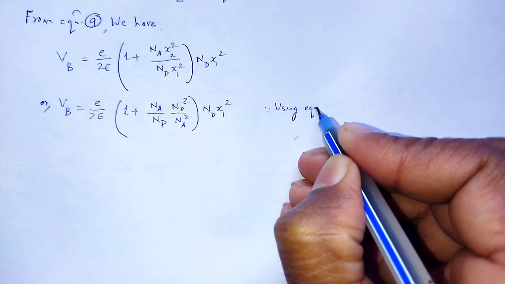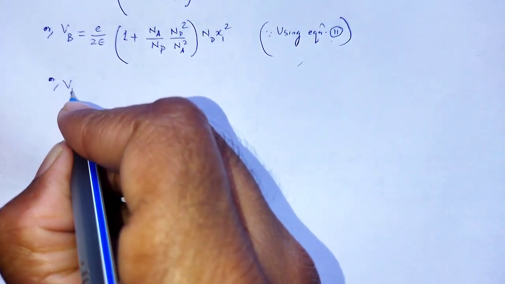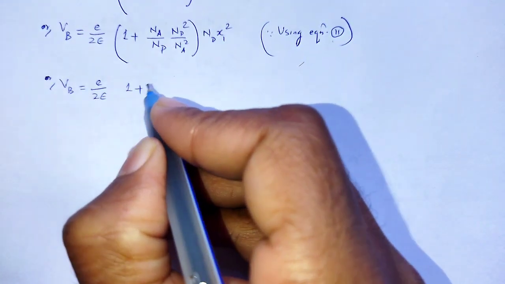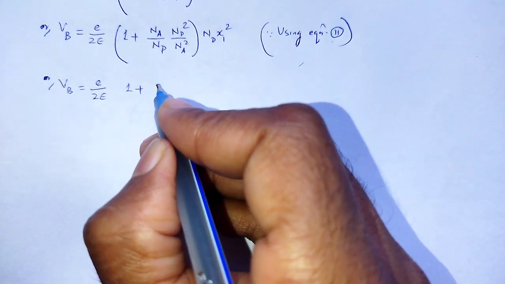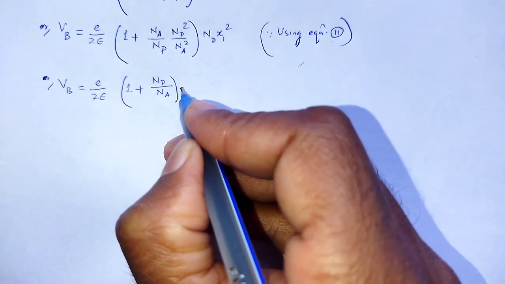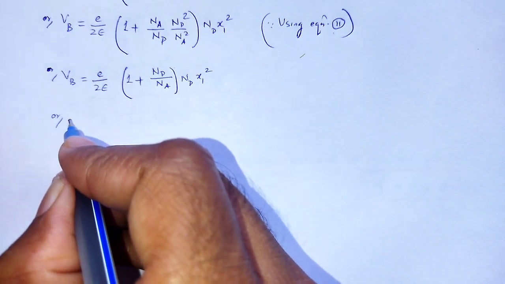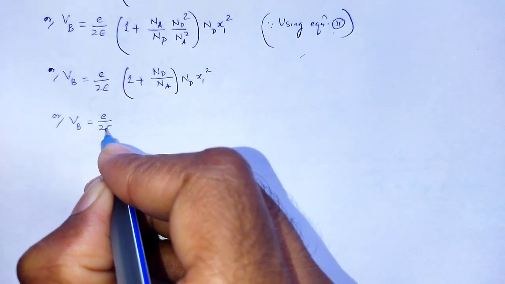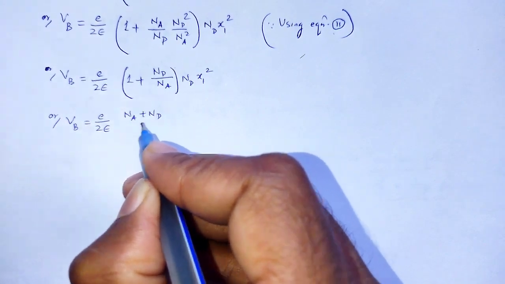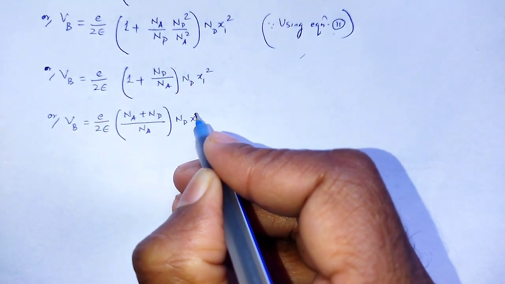using equation 11, or Vb is equal to E by 2 epsilon, 1 plus under cancellation Nd divided by Na, whole into Nd x1 square, or Vb is equal to E by 2 epsilon, taking LCM, Na plus Nd divided by Na, whole into Nd x1 square.